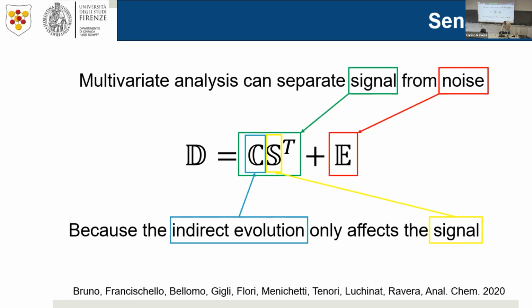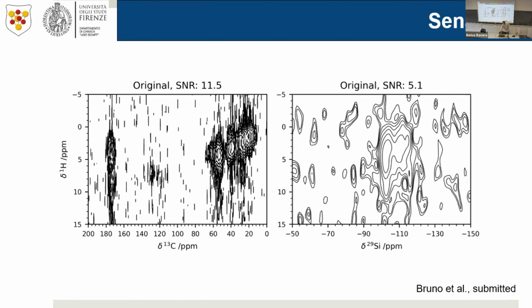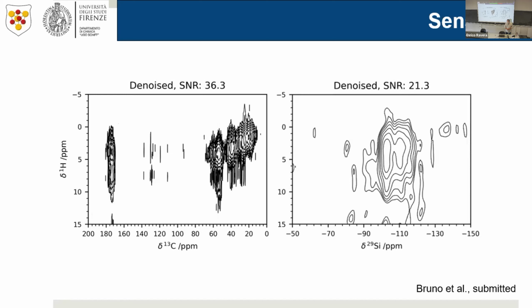It turns out that multivariate curve resolution is our low-cost alternative to DNP, because you only need a PC to do it. This is the difference before and after application of this denoising approach. Starting from a signal to noise ratio of 11 and 5, we end up with a signal to noise ratio of around 40 and 20 for carbon and silicon respectively.